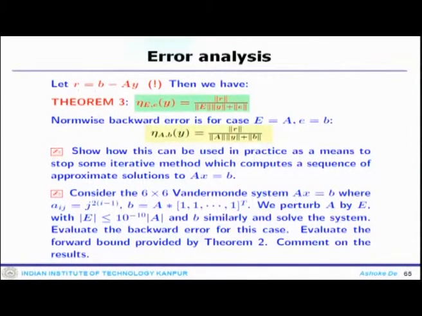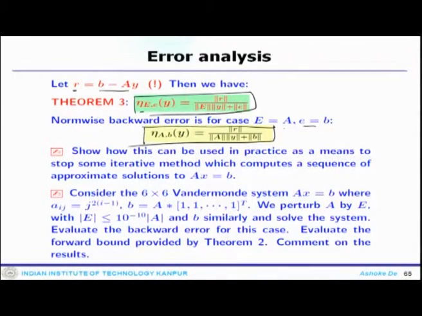Let us see. You define r equals b minus Ay, then we have eta E,e(y) equals the norm of r divided by (E times the norm of y plus the norm of e). So, the norm-wise backward error for the case E equals A and small e equals b shows this expression.